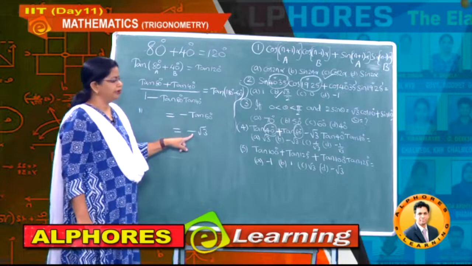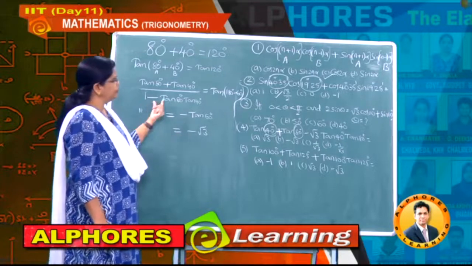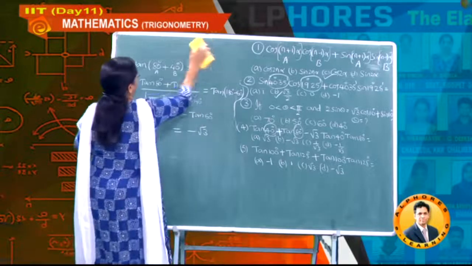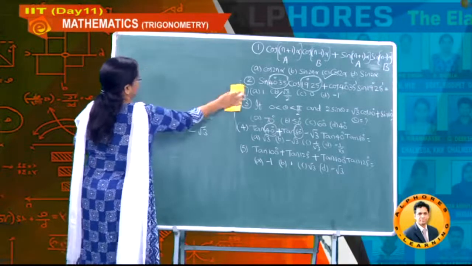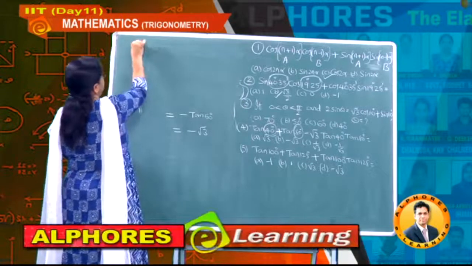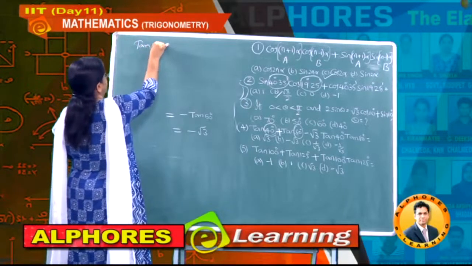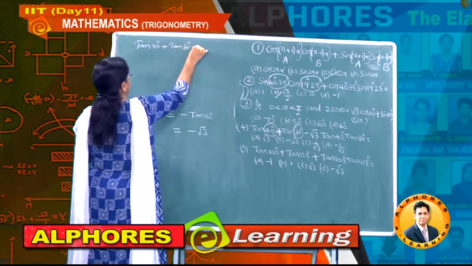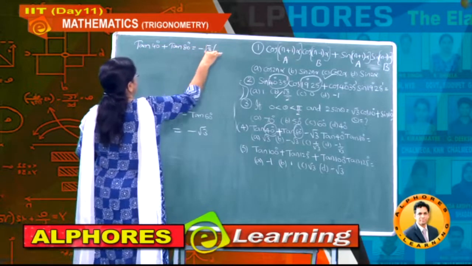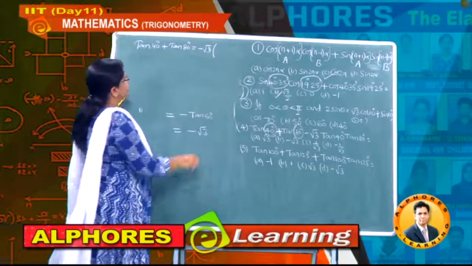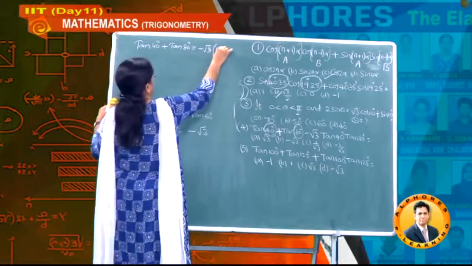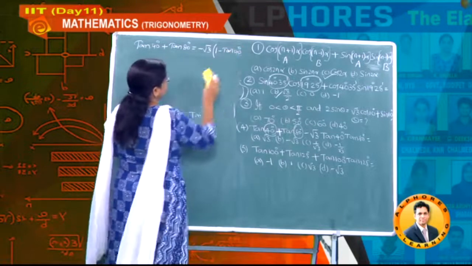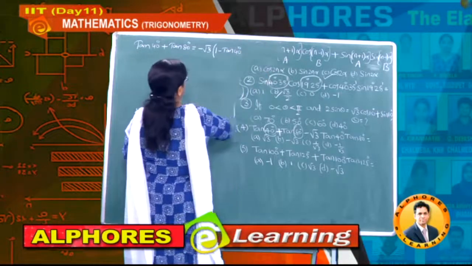What about the RHS, you got finally minus root 3. Now let us do cross multiplication, okay students. So the same value, if I write cross multiplication, tan 40 plus tan 80 equals how much will you get now? Minus root 3 times the entire denominator, that is 1 minus tan 40 into how much students? It is tan 80 degrees, okay.